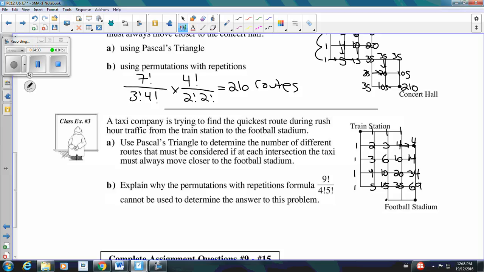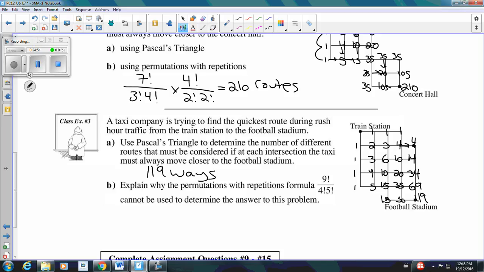The only way to get to this point is to come straight down, so this is 15. 15 and 35 make 50. 50 and 69 make 119. So I have 119 ways.